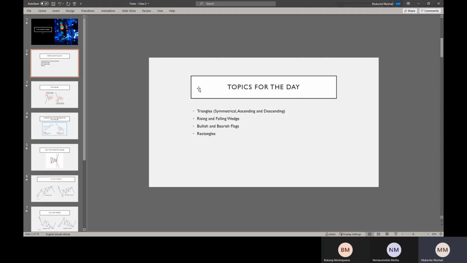We'll go into some support and resistance, trying to identify them, look at them on a theoretical basis, and also look into the chart to identify them. And then we'll look at some other patterns as well, like your double bottom and your double top, and your head and shoulders, and the inverse one, and also the upright one.